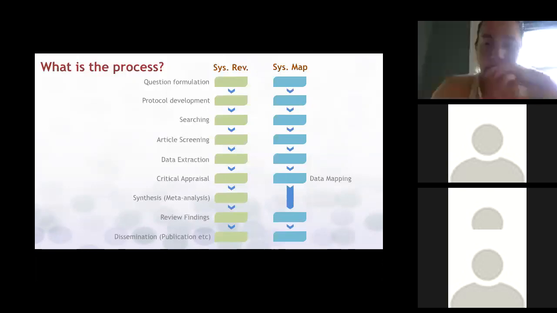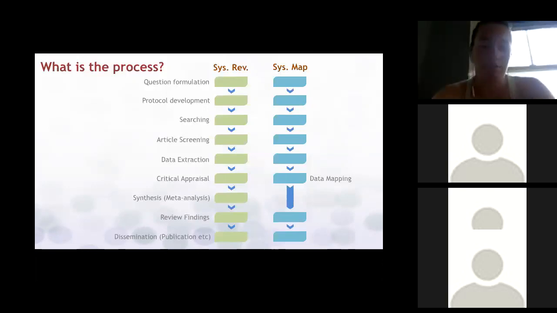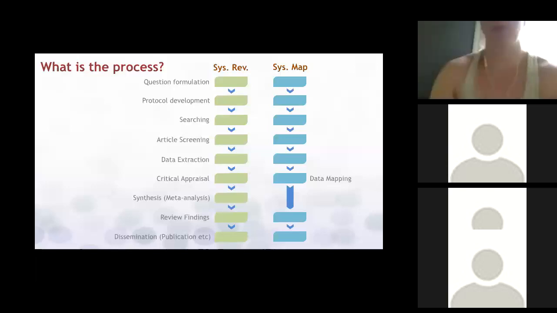In a systematic review, you're trying to document impact, right? You're trying to measure that impact. So you'll need to do critical appraisal of articles: how reliable are individual articles based on their study design, sampling, et cetera, to put any weight behind the findings that you've reported. For systematic mapping, you're actually just going to map the data.